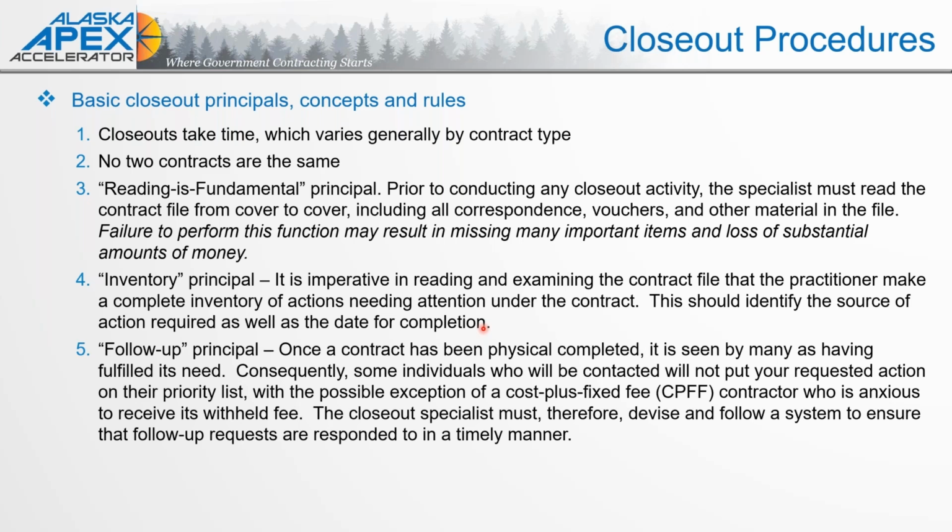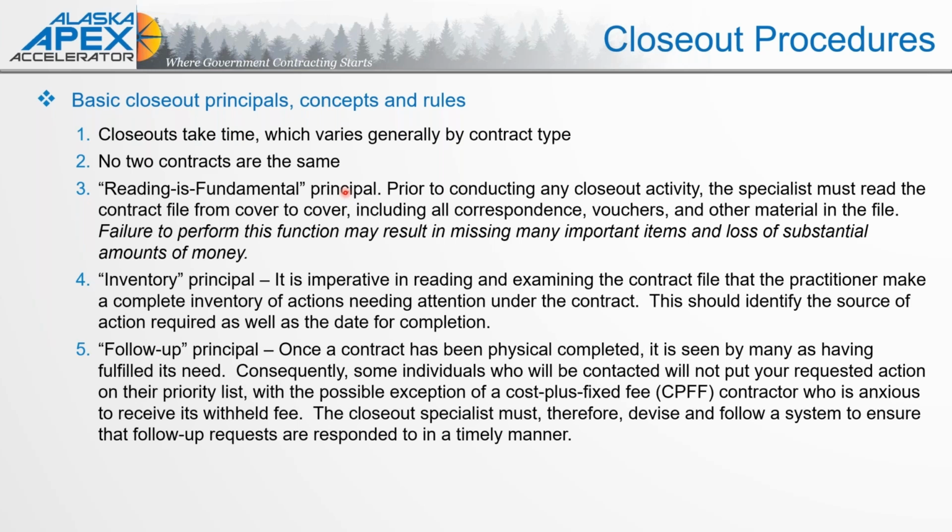So the process itself. These basic closeout principles really are right out of FAR guidance for contracting officers. And it talks about, reading is fundamental. Go through the entirety of your contract documentation to make sure that you understand the full activity. Is everything there?